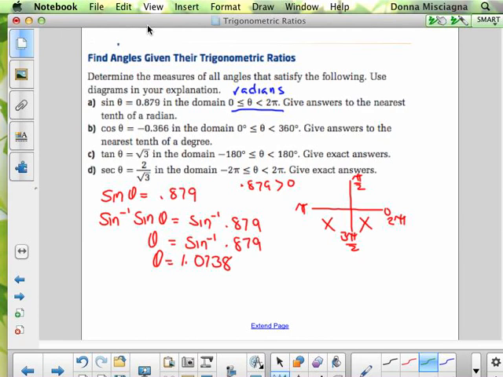All right. So step one. Actually, step one is figure out which quadrants. Step two is go ahead and solve. So step two is solve using inverse trig ratio.